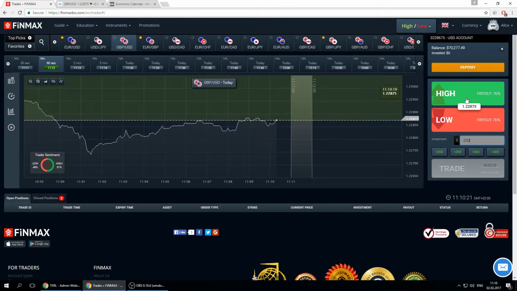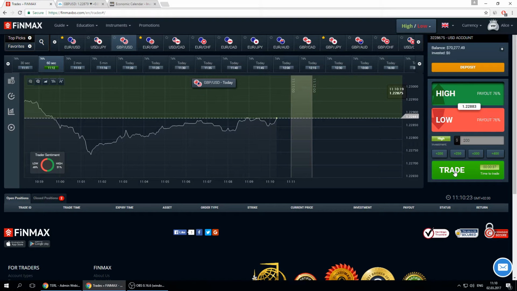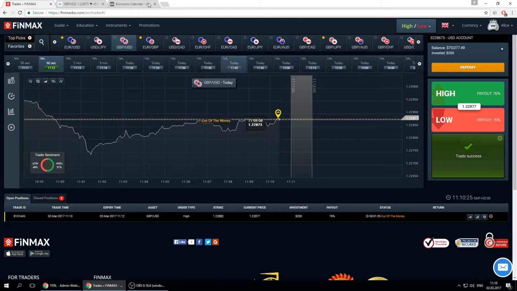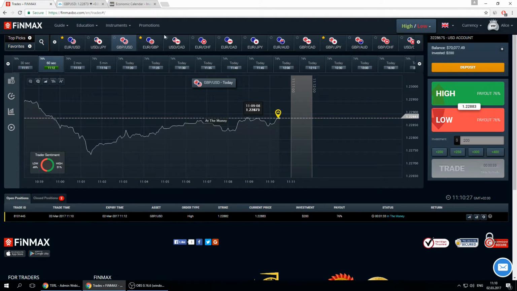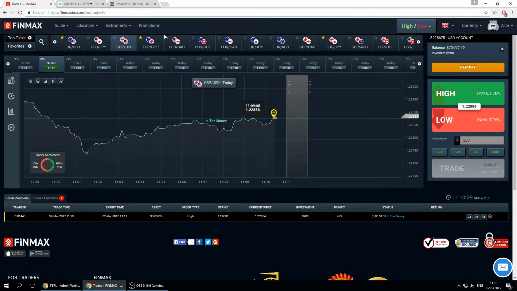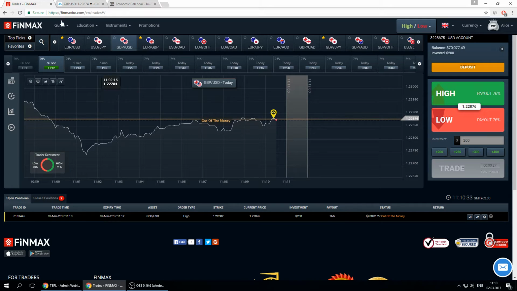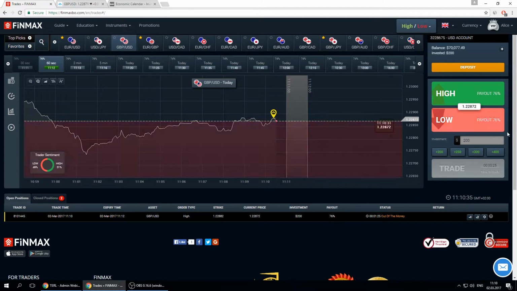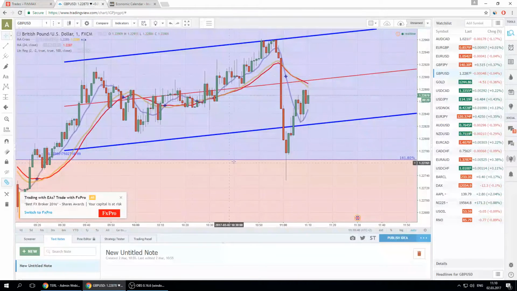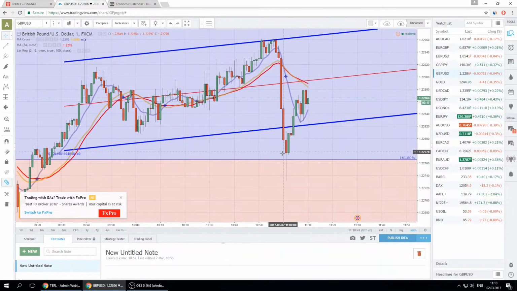I always enter the first trade with the minimum amount, especially when it comes to trading on such short terms, because in these ranges the trading needs to be really active. You need to pay a lot of attention to the trading procedure and to take everything in control.